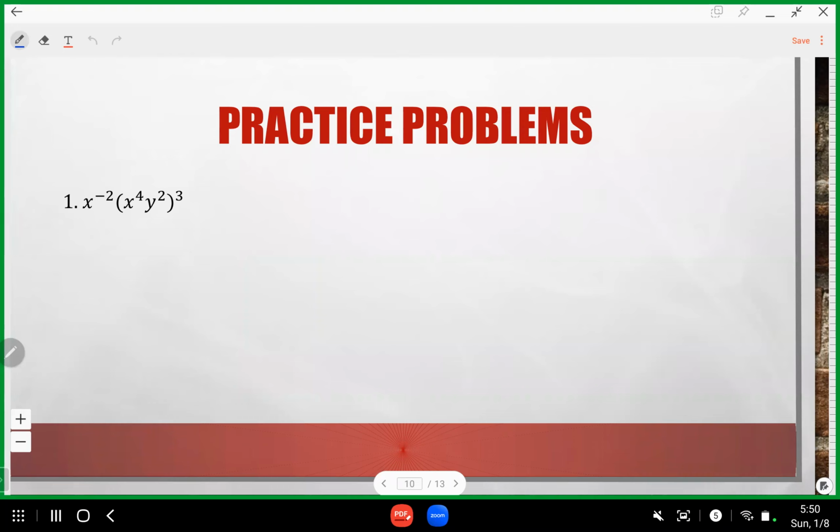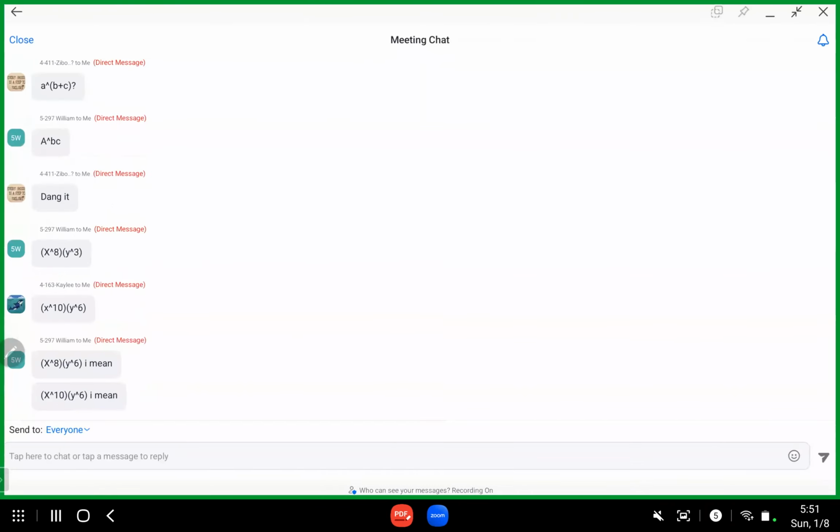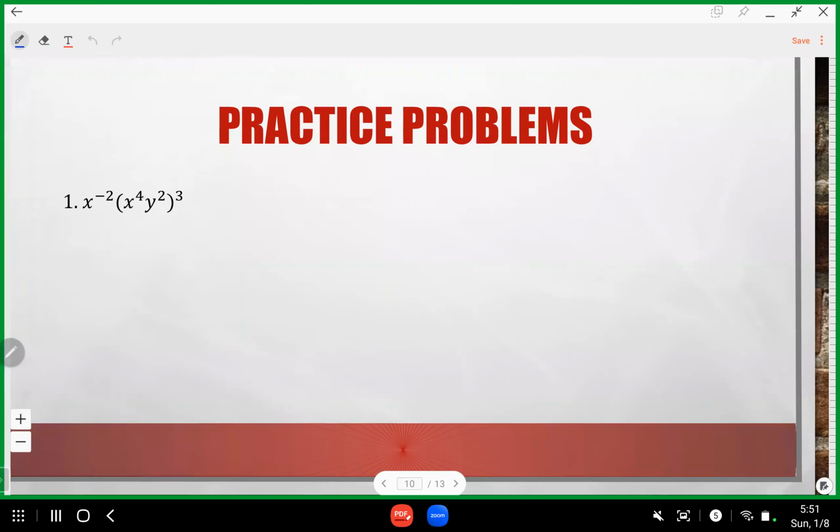All right, so now let's solve this one. So let's see here. x to the 10th and y to the 6th. And then William also says x to the 10th, y to the 6th. So let's look at this, right? So what you first need to do is remember order of operations. So actually you have to do this first.